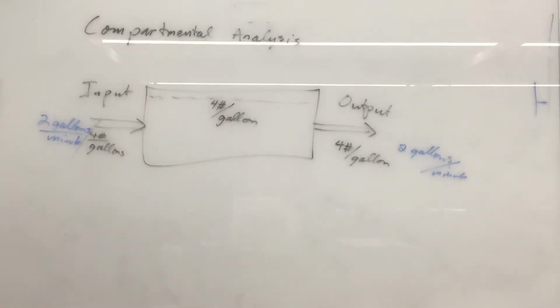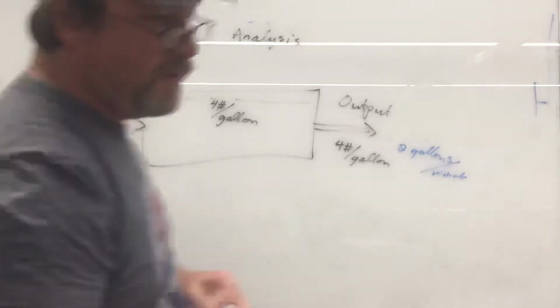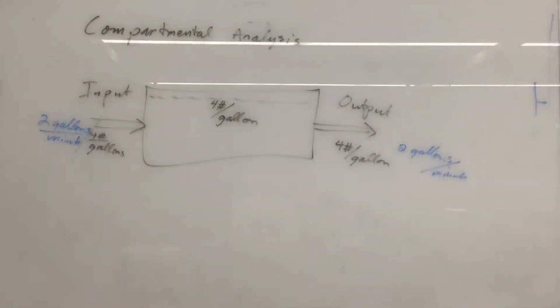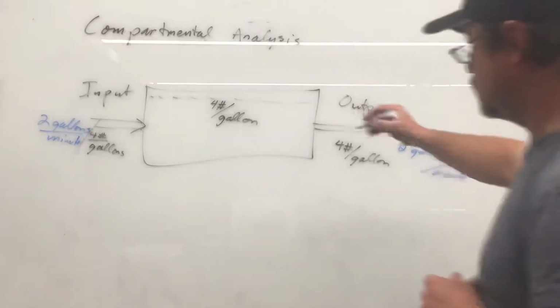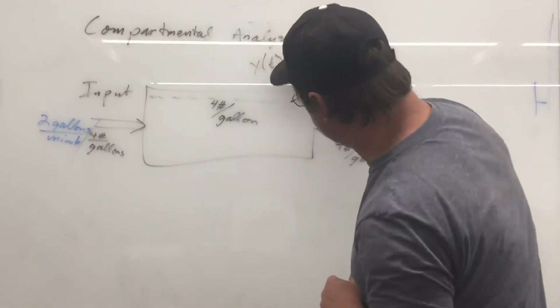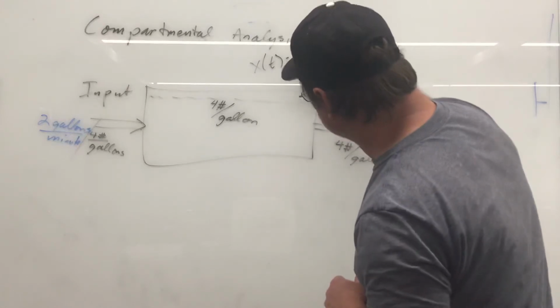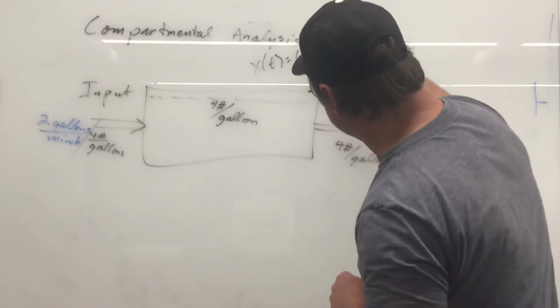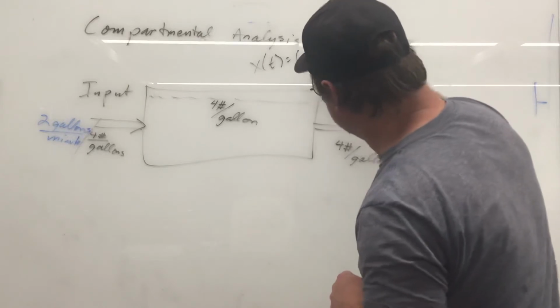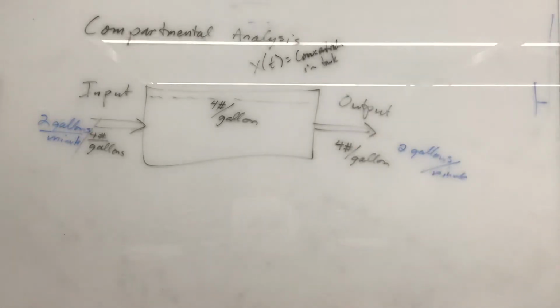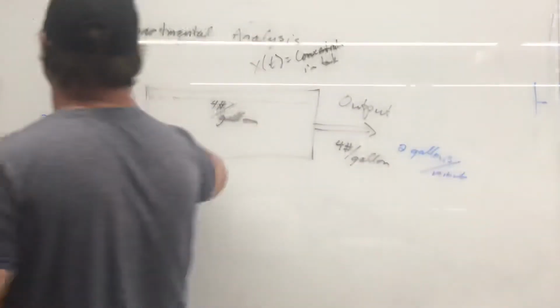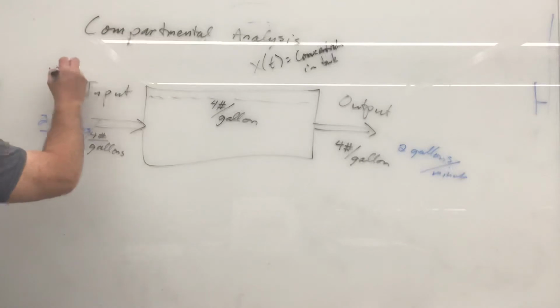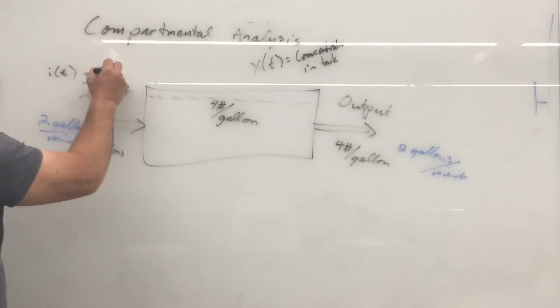And if the concentrations are the same, then what's in there is going to maintain a concentration of 4 pounds per gallon. Now, from an equation perspective, we could look at this and say, X right here is the concentration in the tank, 4 pounds per gallon, and the input I(t), which I've also said is 4 pounds per gallon.